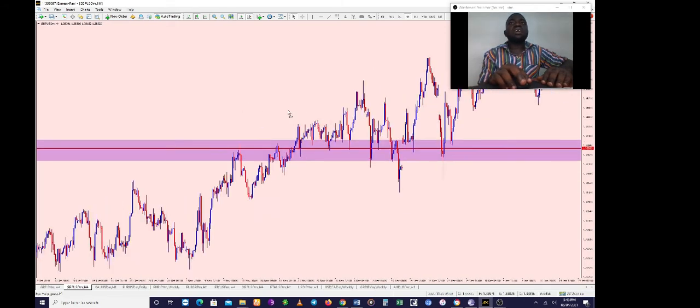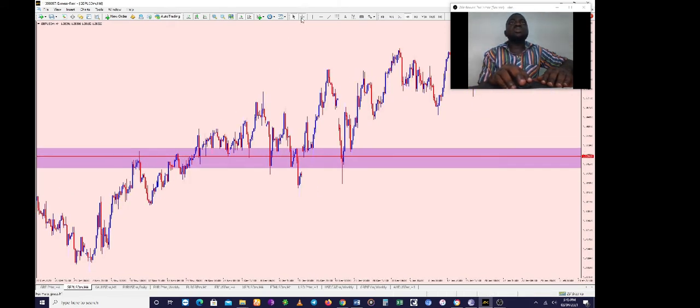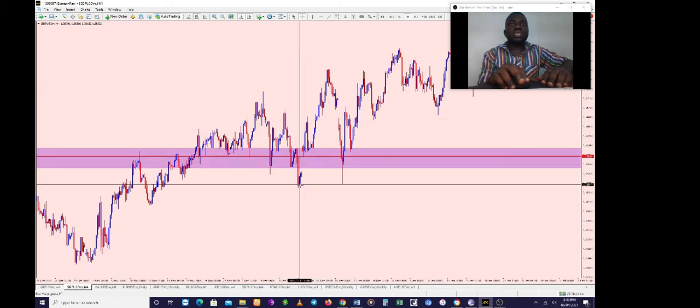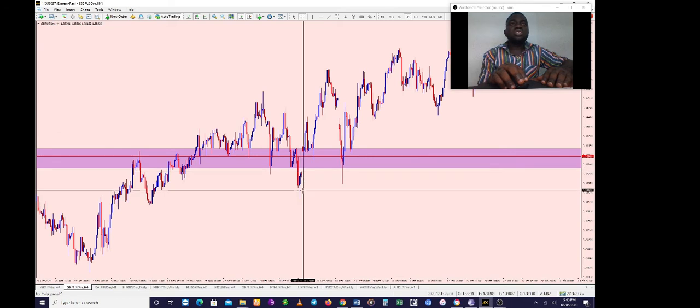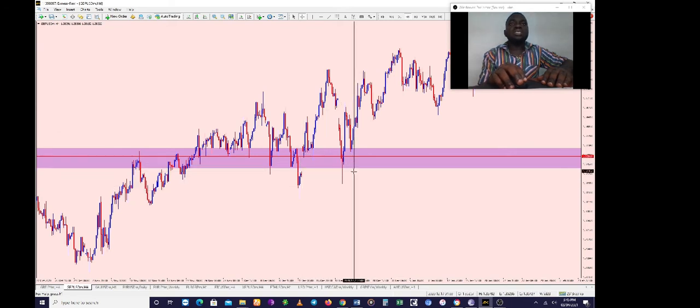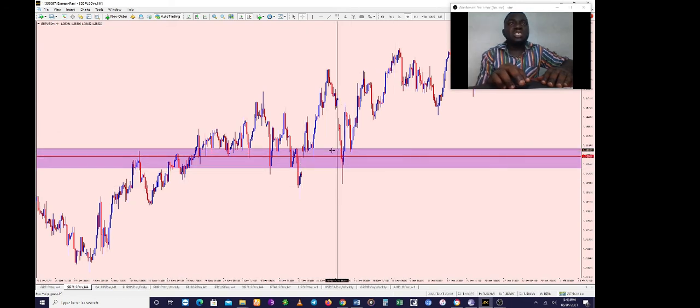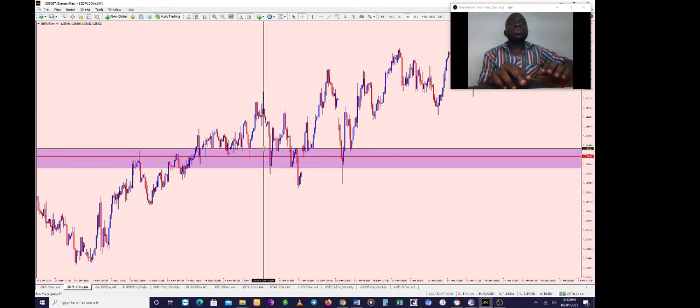Now I'm in the 4-hour time frame. At this price level, you see how choppy prices are in the 4-hour time frame. Institutions try to go down, then pull back, go down and pull back. So in this zone, the zone will be a pip range of, let's say, 50 or more.